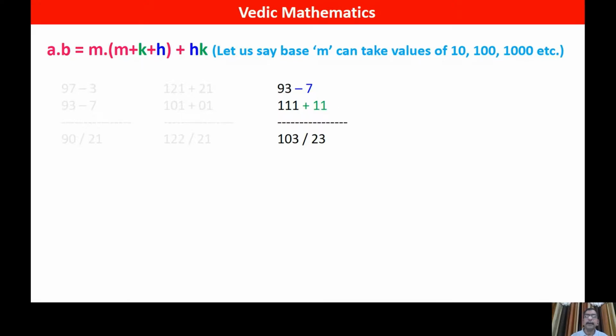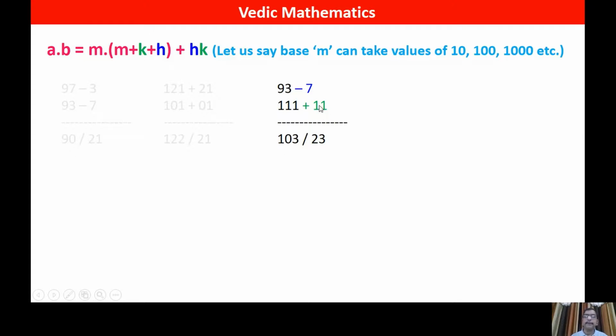But since they are closer to 100, we take 100 as a base, we add 11 just like 100 plus k, so 111 minus 7, this is h, so 104. So we will put 104 here.